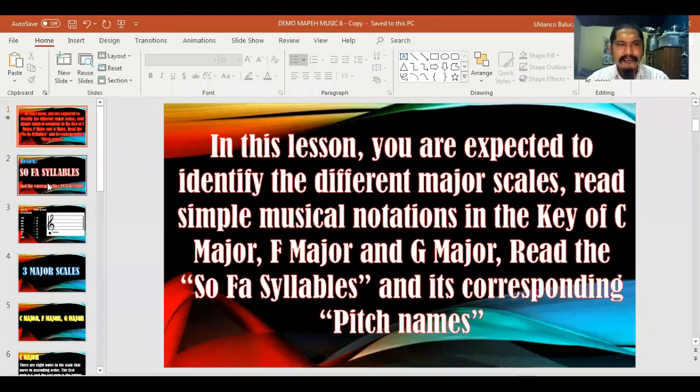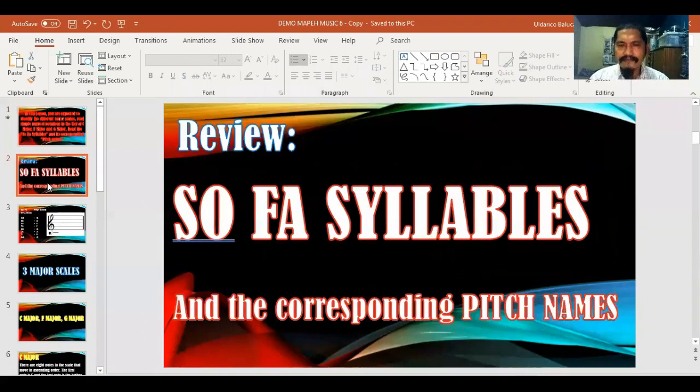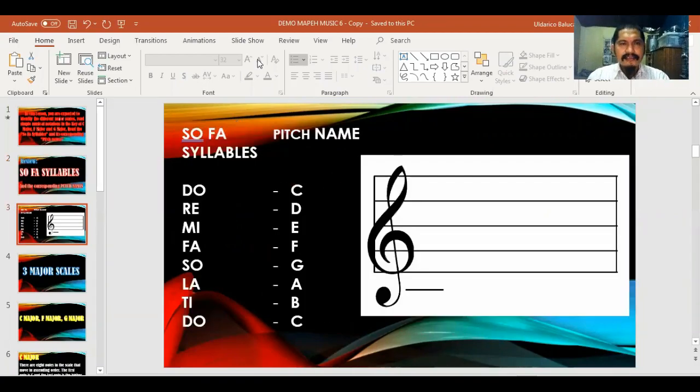Alright, so let's have a review first: the solfa syllables and the corresponding pitch names. These are the solfa syllables: do, re, mi, fa, sol, la, ti, do.